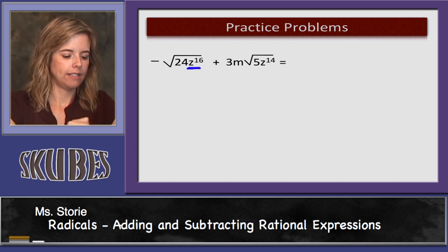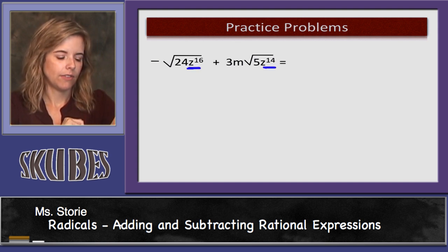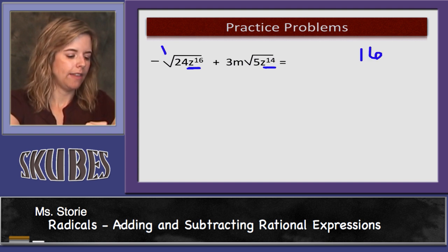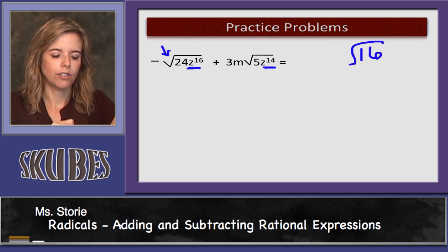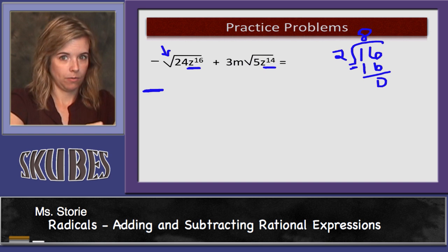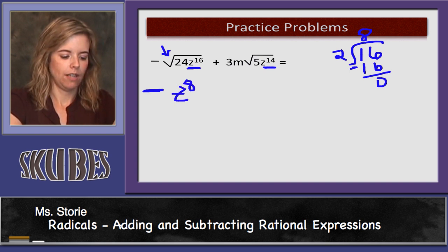Here, we've got z to the 16th and z to the 14th. Let's see if that's going to work. If we have 16 of those z's and the index is 2, they're actually asking how many pairs can go into 16. 8. And 8 times 2 is 16, so we don't have any leftovers, which means I can take out, negative comes from the original, I can take out 8 pairs of z, and I'm left with 24 under the radical.